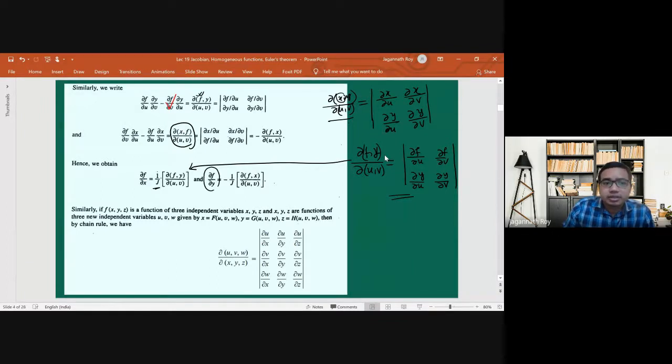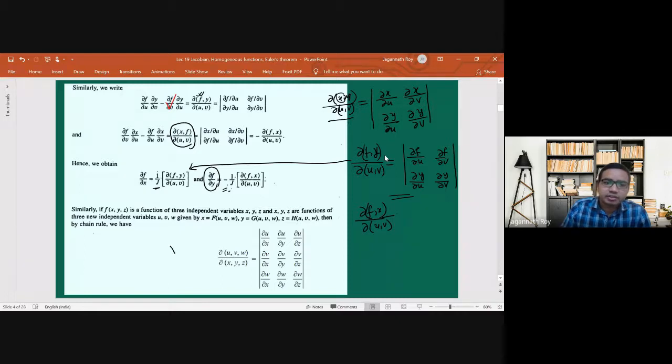Similarly, the partial derivative with respect to y will be calculated as minus 1 by J into the Jacobian of this one, del x. These are actually formulas which come from the previous slide.